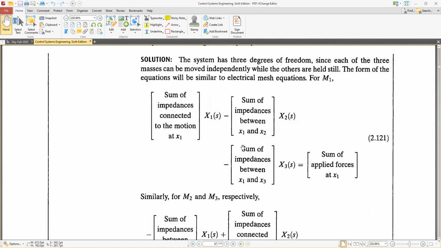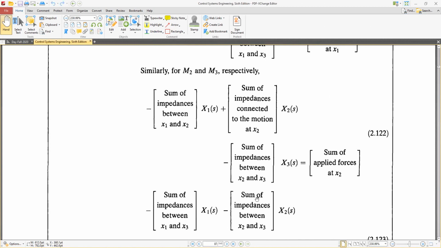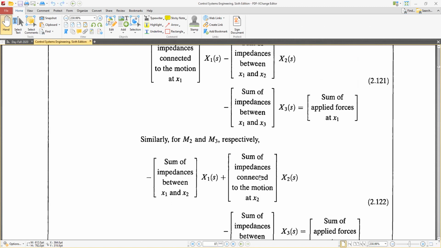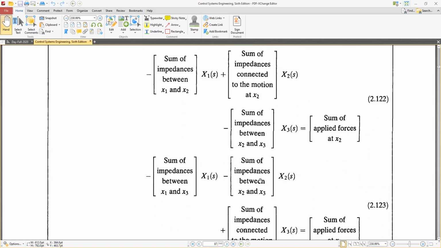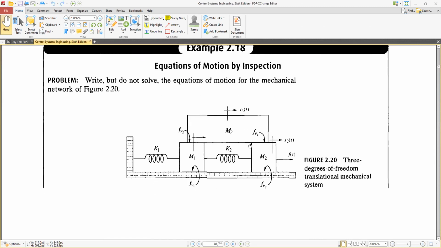Similarly for M2. The common thing would be negative. Sum of impedances between X2 and X3, that is X2 and that is X3.